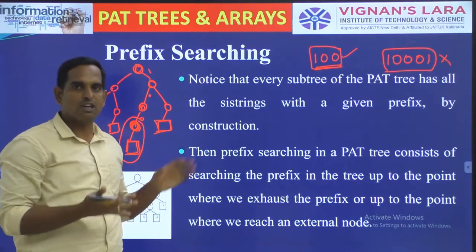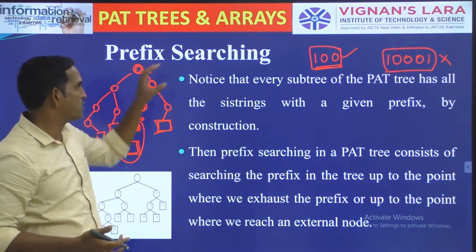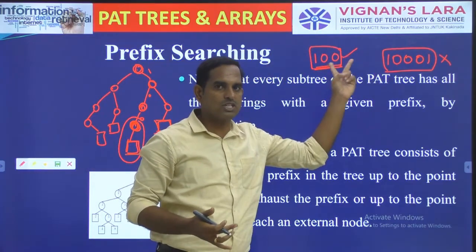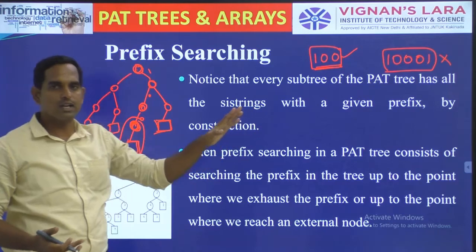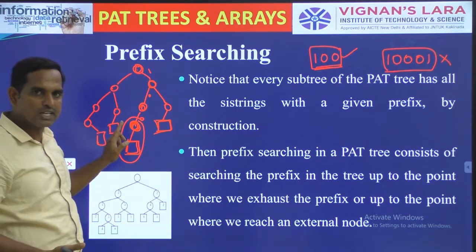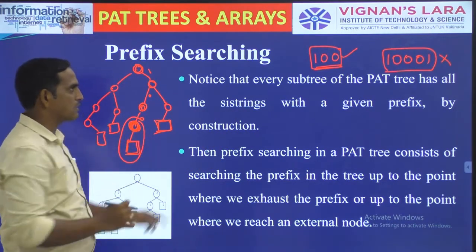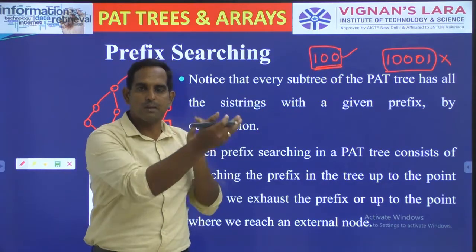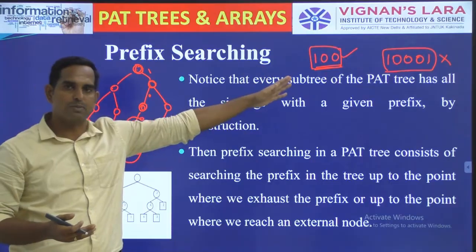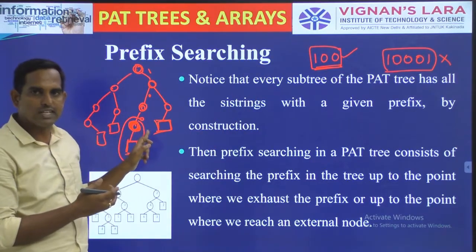So while you are searching in prefix trees, you will be having prefixes like this. I have to search for 100 or I have to search for 10001. When you try to search for that particular prefix, you either exhaust the prefix, that is, the number of characters present in your prefix will be exhausted in one of the internal nodes.